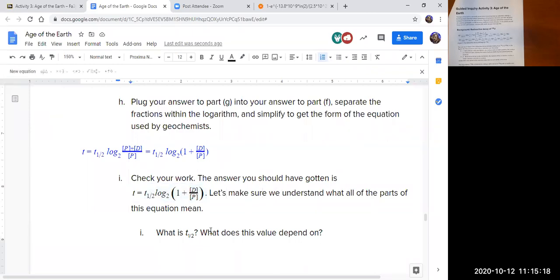So now it's asking you to make sure you understand what all of the parts of this expression mean. T1/2 is the half-life of the parent isotope. What does this value depend on? Folks in the chat, what would you have to do to get a different half-life?